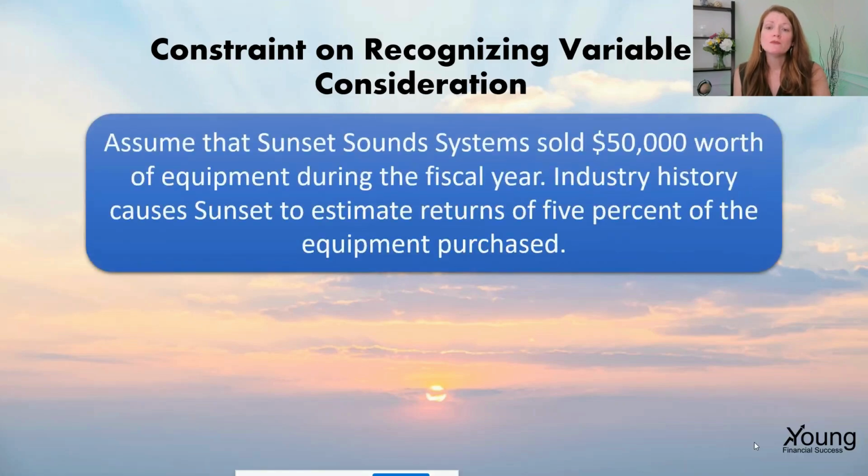So assume that Sunset Sound Systems sold $50,000 worth of equipment during the fiscal year. Industry history causes Sunset to estimate returns of 5% of the equipment purchased. So if Sunset is a new company, they're not going to have any history for themselves to say, okay, typically we see 5% return.